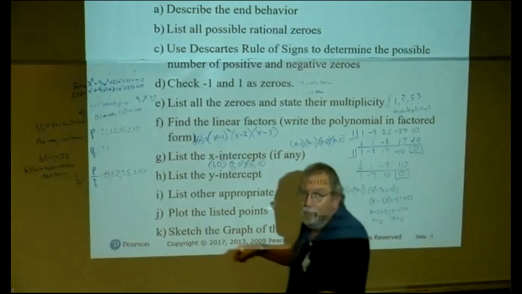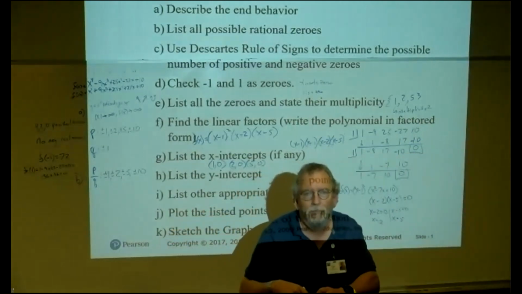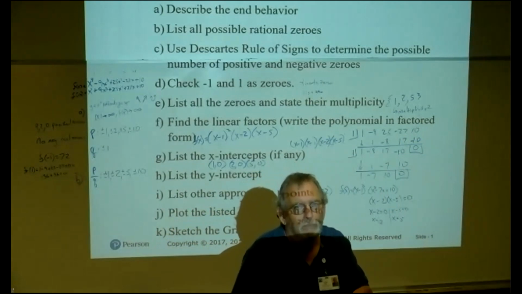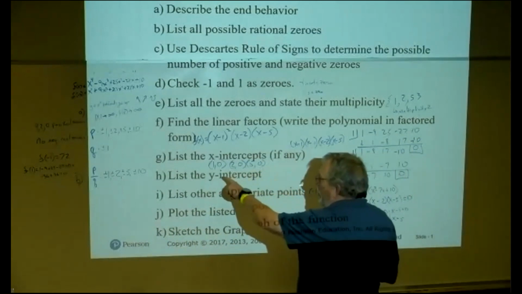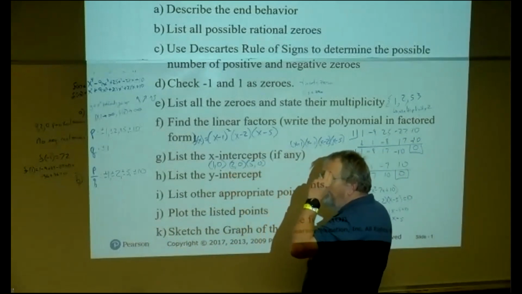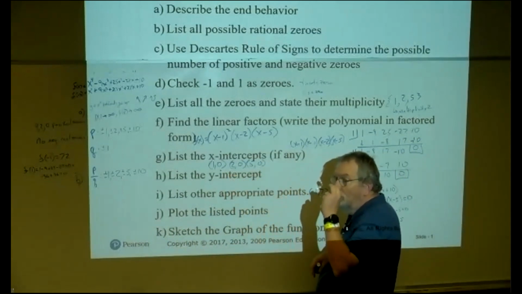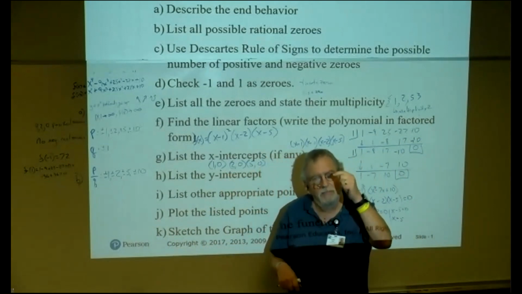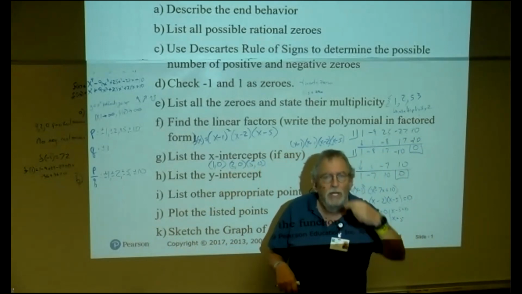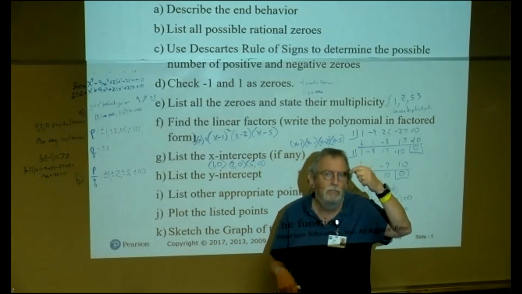So how would that show up on the graph? Would there be like 2 ways in which it connects at that point? No. What happens when it has a multiplicity of 2? The graph just bounces off there, right? It doesn't pass through, it bounces off.